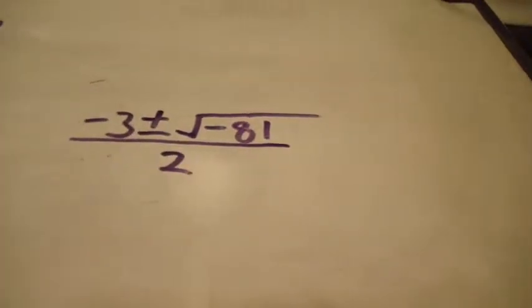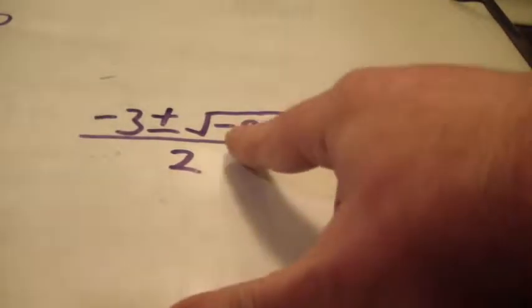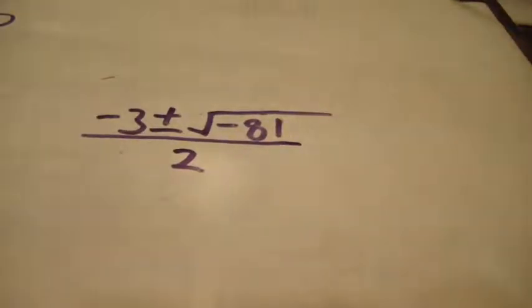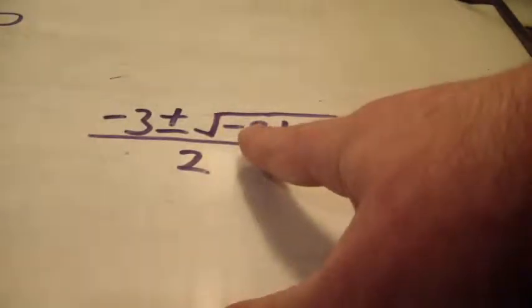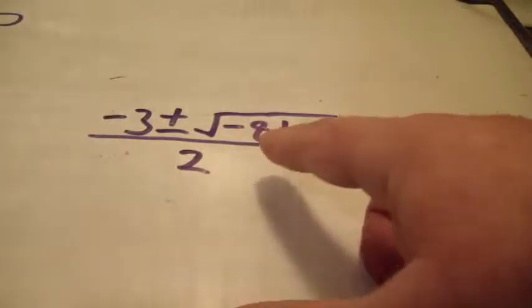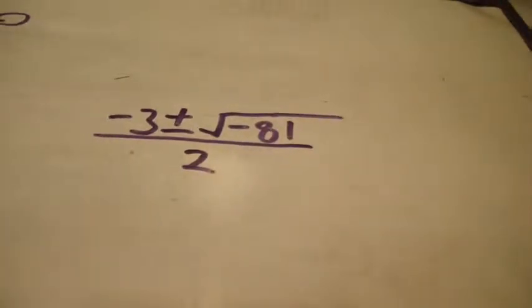Whenever you get a negative inside there, that means there's no solution, because there's no square root of a negative 81. It doesn't exist. So you just simply write no solution.